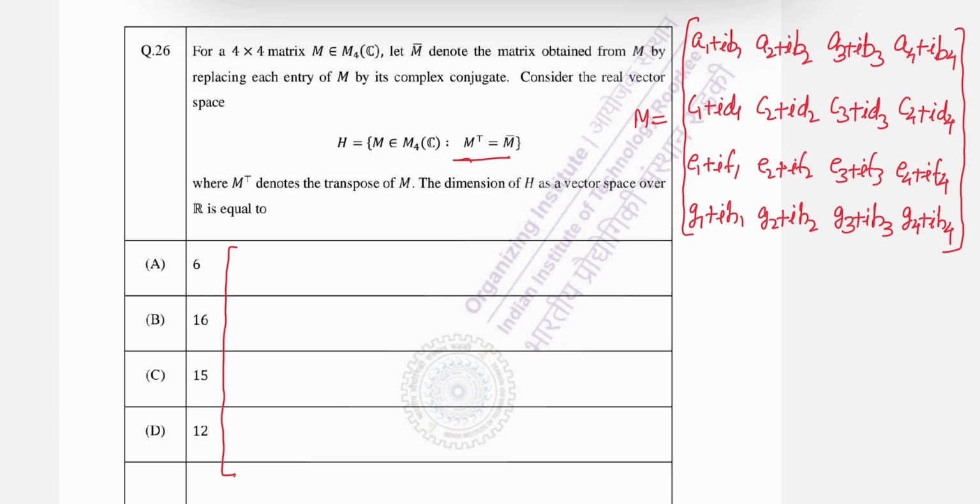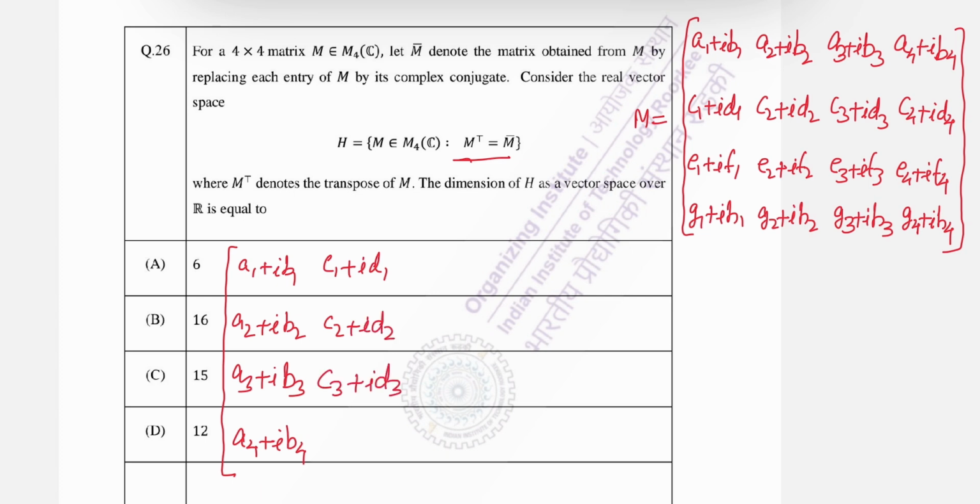Transpose of M, and you see transpose of M will be A1 plus iota B1, A2 plus iota B2, A3 plus iota B3, A4 plus iota B4. Okay, the first column. Now the second: C1 plus iota D1, C2 plus iota D2, C3 plus iota D3, C4 plus iota D4.